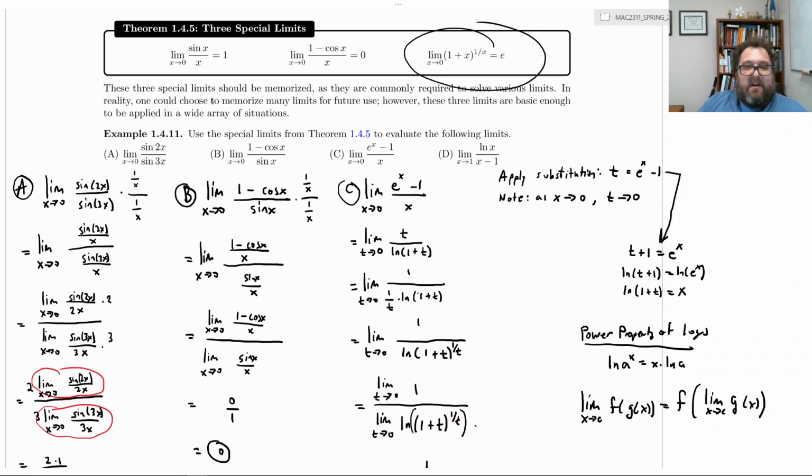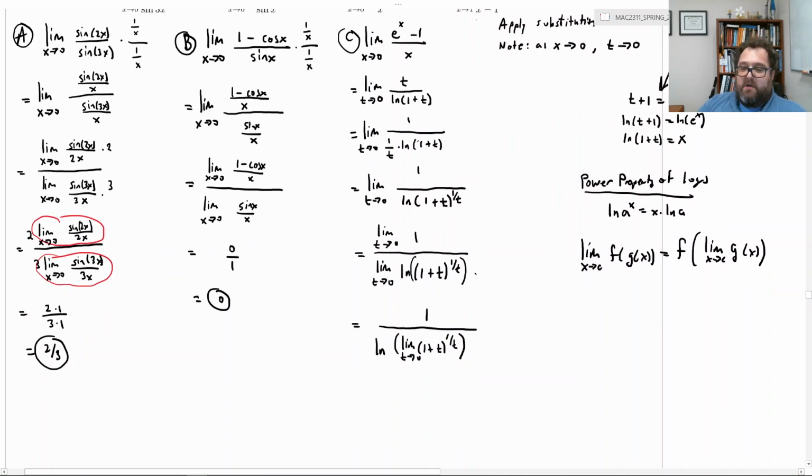The variable assignment does not change the answer. So I have the exact limit that I know from up above is equal to e. So I have 1 over natural log, and that limit of the inside function reduced to e. And now we just have a little bit of algebra to do. What's natural log of e?